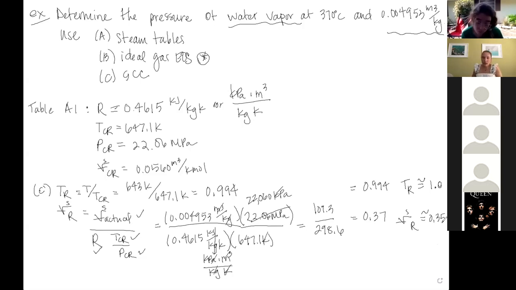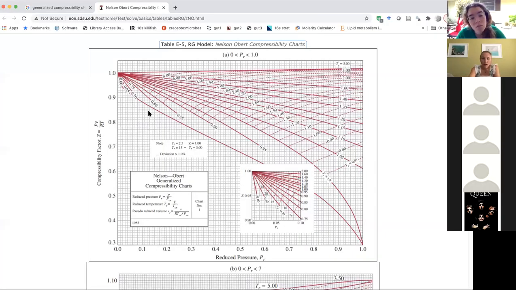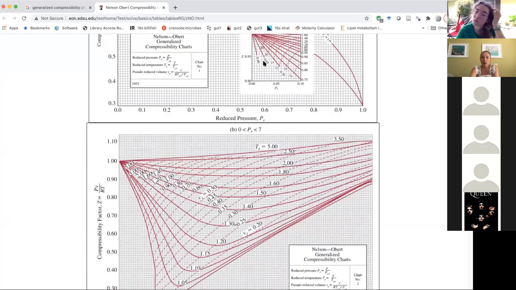All right, so then if we go to our generalized compressibility chart, let's see if I can find one that's a little easier to see. All right, this is for lower pressures.